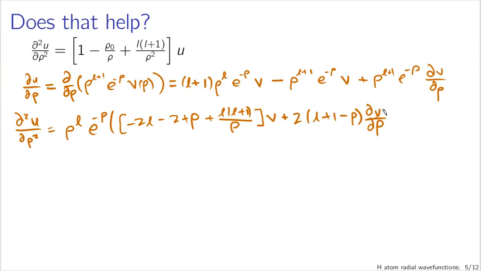And finally, we have terms that have a second derivative of v with respect to rho, and that's what you get if you make both derivatives in the product rule act on the v, leaving the other two terms untouched. In this context, since I factored out a rho to the L e to the minus rho, that term is rho times the second derivative of v with respect to rho.